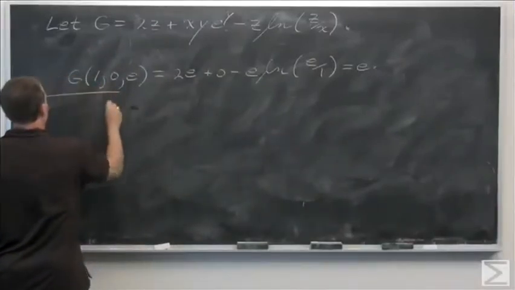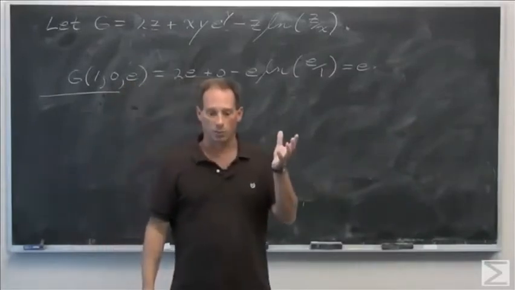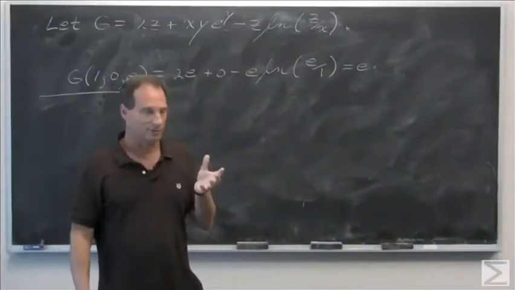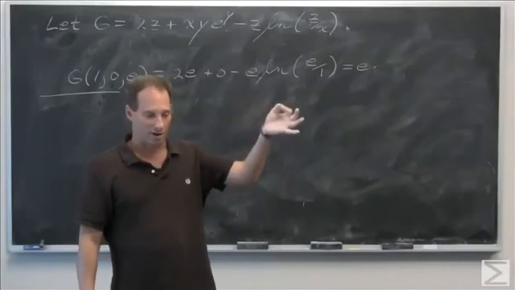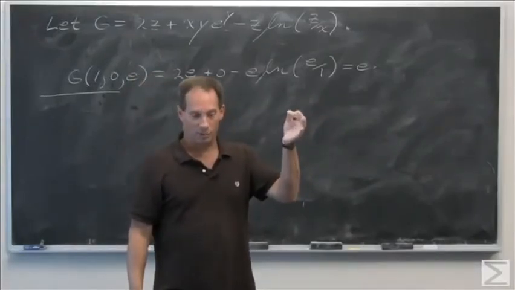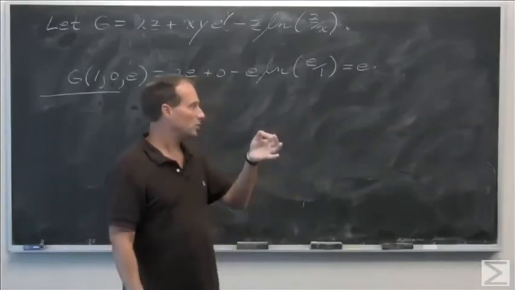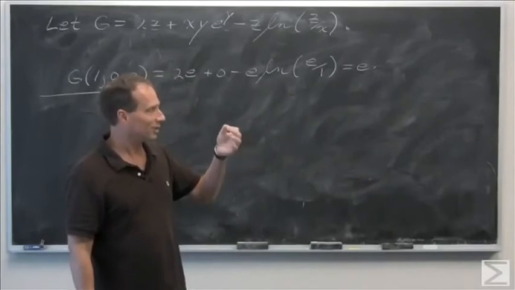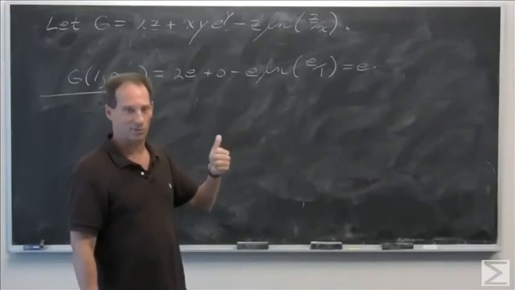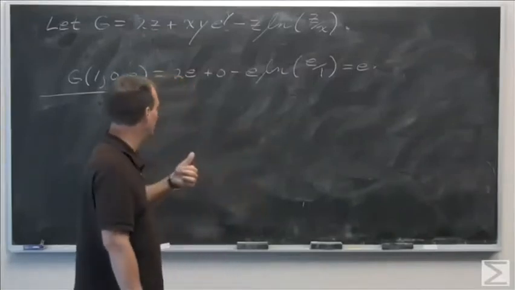All right, to apply the implicit function theorem, we need to know that the partial derivative that we're interested in, if we're trying to show one variable as a function of the others, we need to show the partial derivative of g with respect to that one variable is not 0 at the point. Since you're told to solve for x in terms of y and z, it better be that the partial derivative of g with respect to x is not 0 at this point.